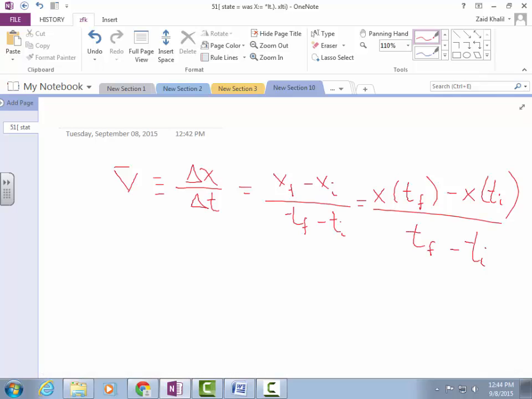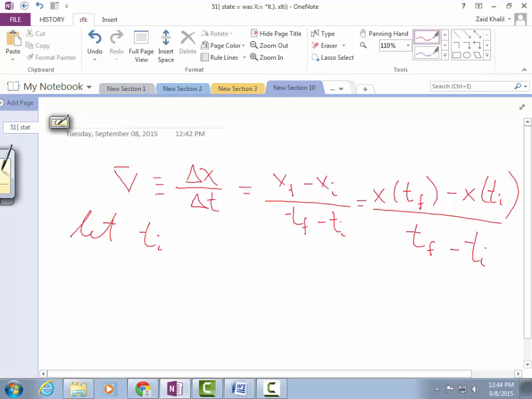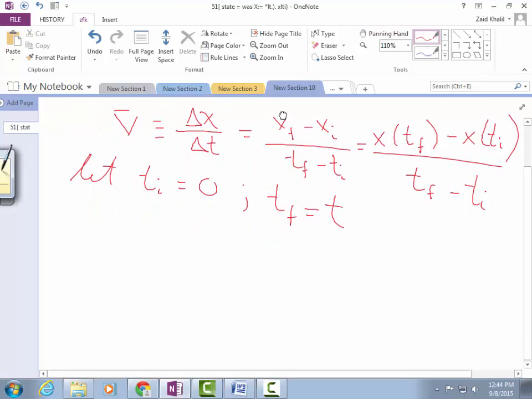Let ti equal 0, and let tf equal t. And so then our average velocity becomes v bar equals x of t minus x of 0 over t minus 0.